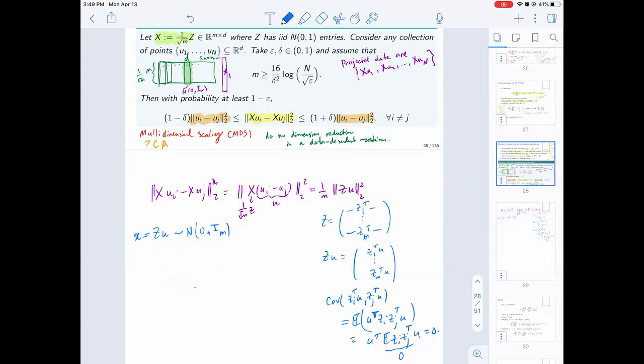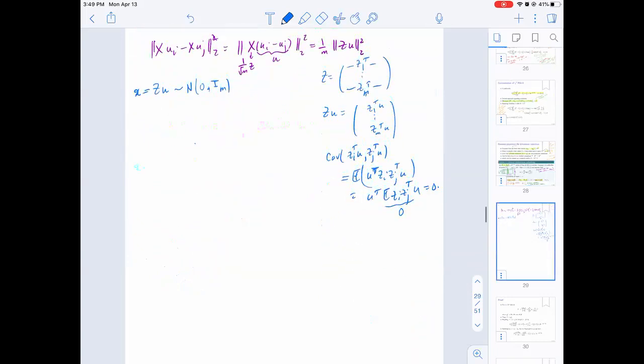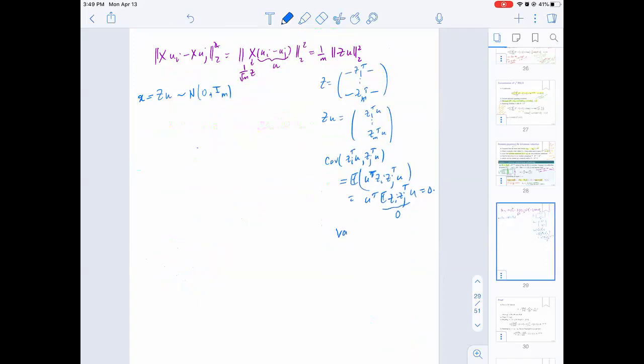So if we do, there's something wrong here. Ian is correct, but what we did here is not correct. The thing is, what is the variance of this? The variance of z_i transpose u.